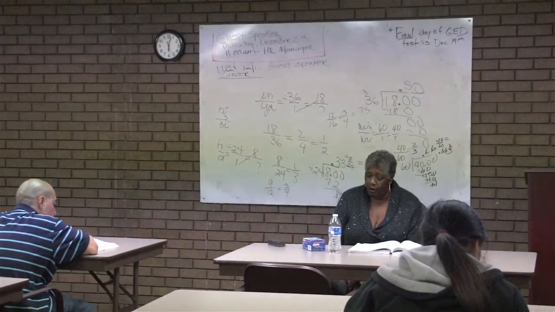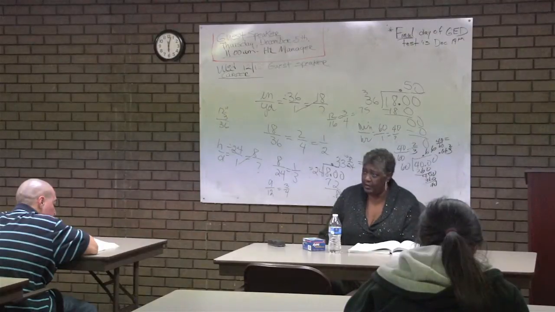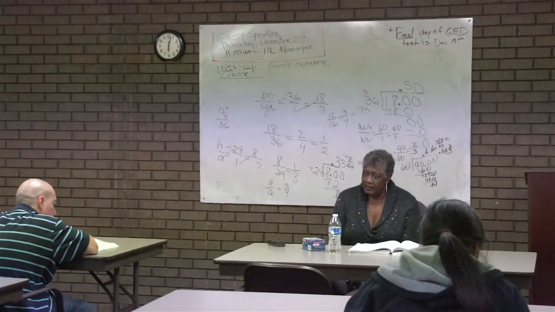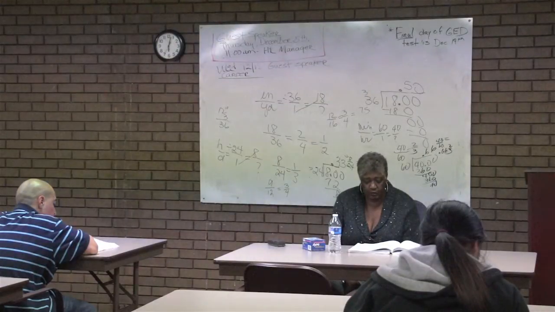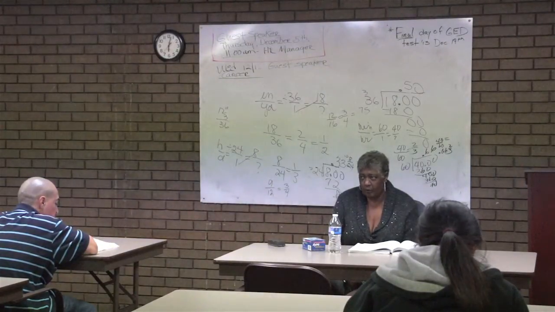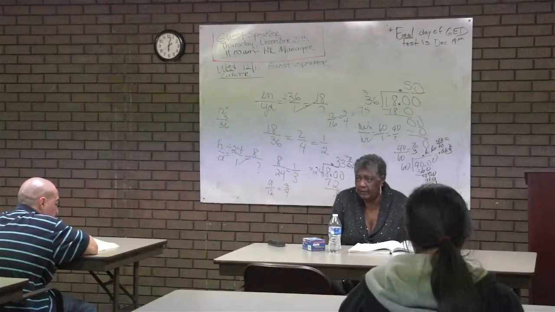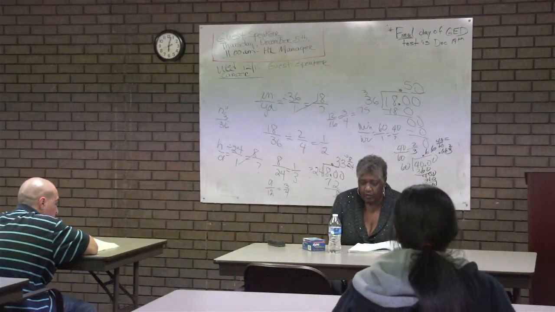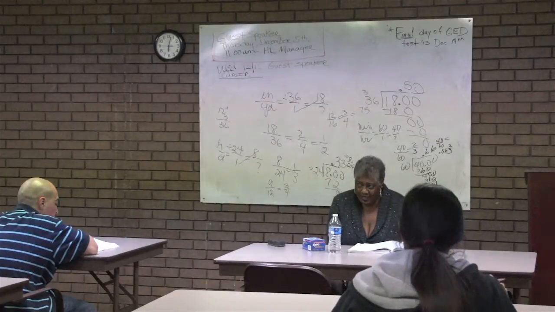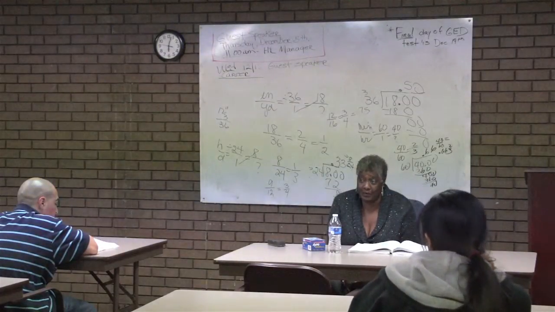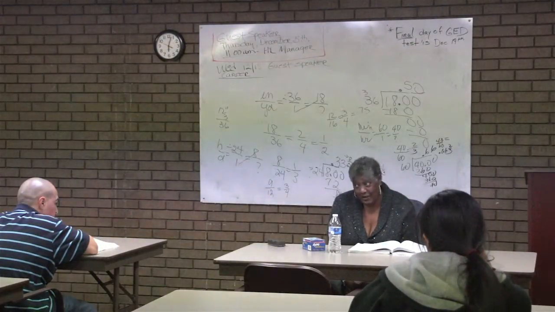Because for every 4 quarts you have, you need another gallon jar. So figure that out and tell me the answer to the question, how many gallon jars would they need? 32. How many? 33. Because your answer was what? You had 32 point something, right? If you had some left over, you'd have to have another.